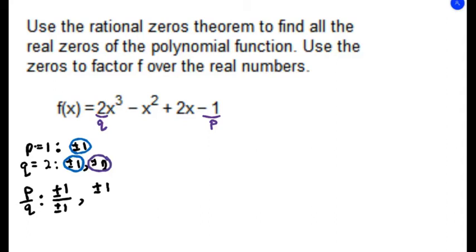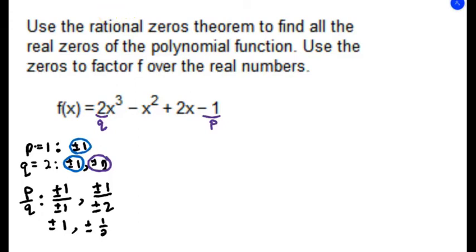So we have plus and minus 1 over plus and minus 2. If we reduce that, we end up with 1 over 1, which is 1. And that could be plus or minus 1. And 1 over 2, and that could be plus or minus 1/2. So we have 4 potential rational zeros.